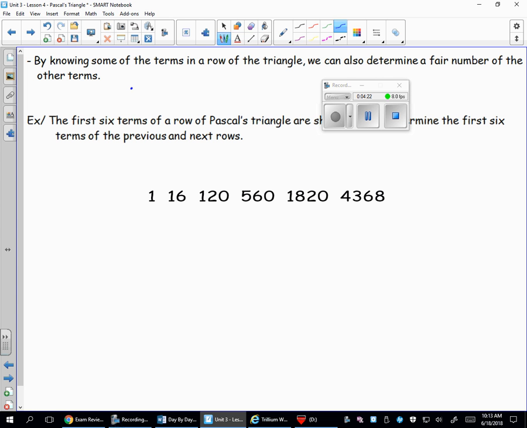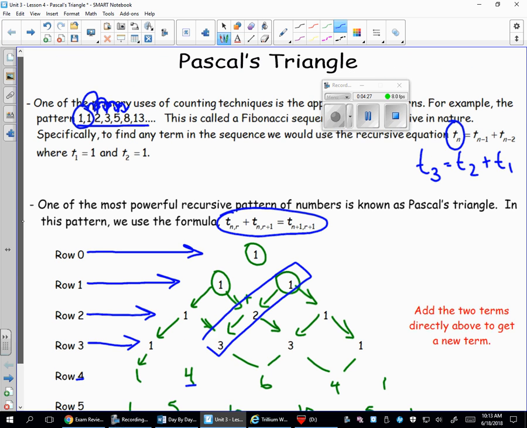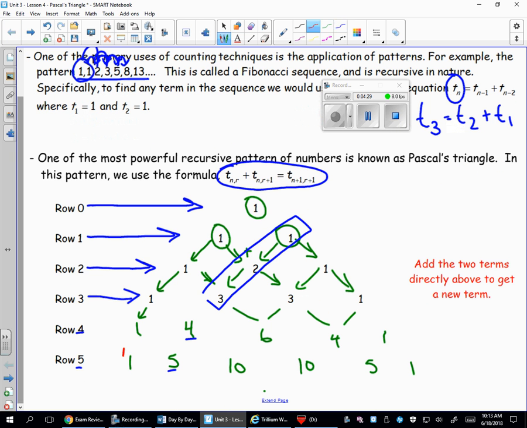If we look at each row, the first 3 terms match the last 3 terms, or the first 4 terms match the last 4, first 5, last 5, 6 and 6, and so on. So the more terms you know of the row, the more you actually know the entire row because of symmetry.